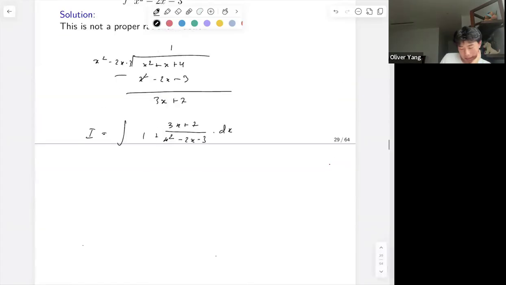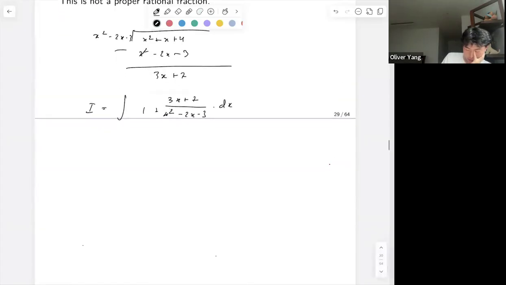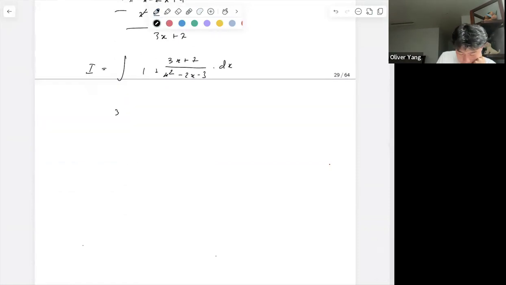So we can factorize our denominator, right? So let's just ignore this one for a second because we know how to integrate that, right? But let's focus more on the rational function.